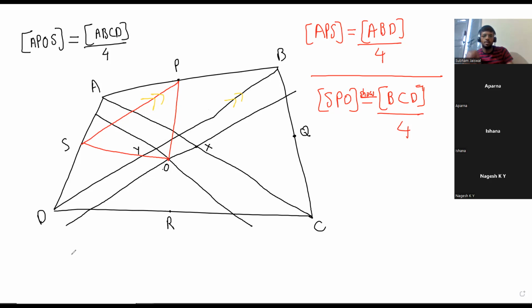Along those lines, SP is half of BD. Is PO also half of BC?